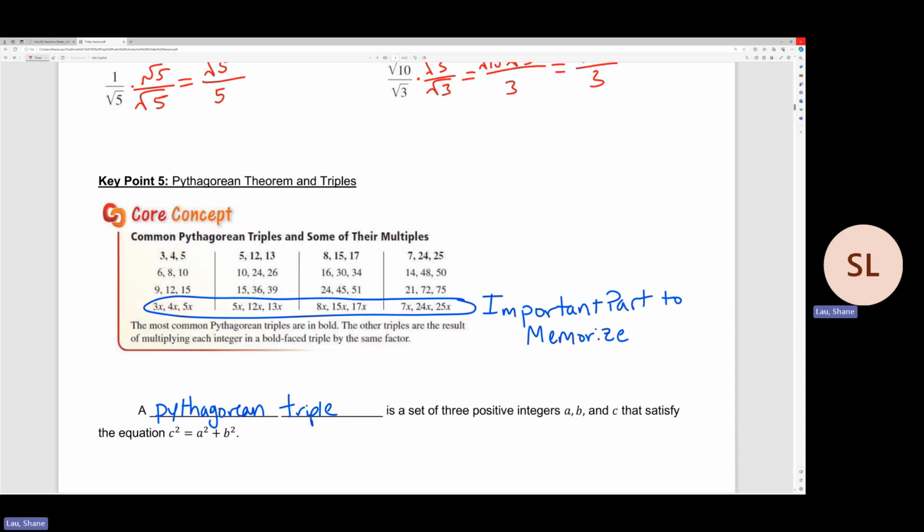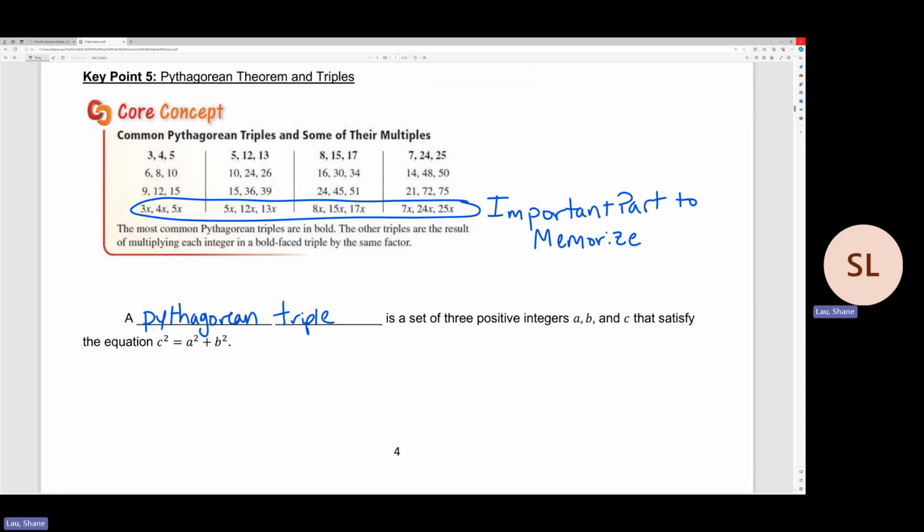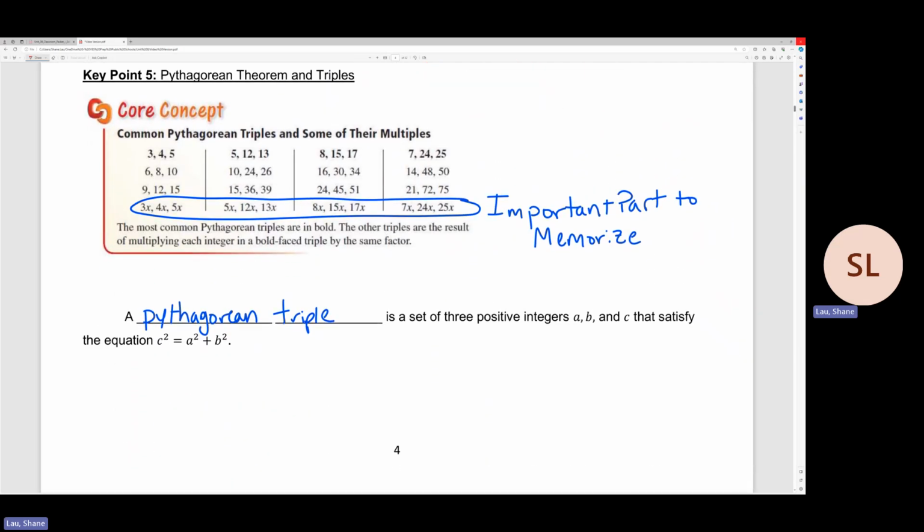Key point 5 talks about what we call the Pythagorean theorem and triples. And the part that I've already circled here for you is probably the most important part, is that whenever we are dealing with Pythagorean triples, we have certain kinds of triples: 3, 4, 5, 5, 12, 13, 8, 15, 17, and 7, 24, 25.